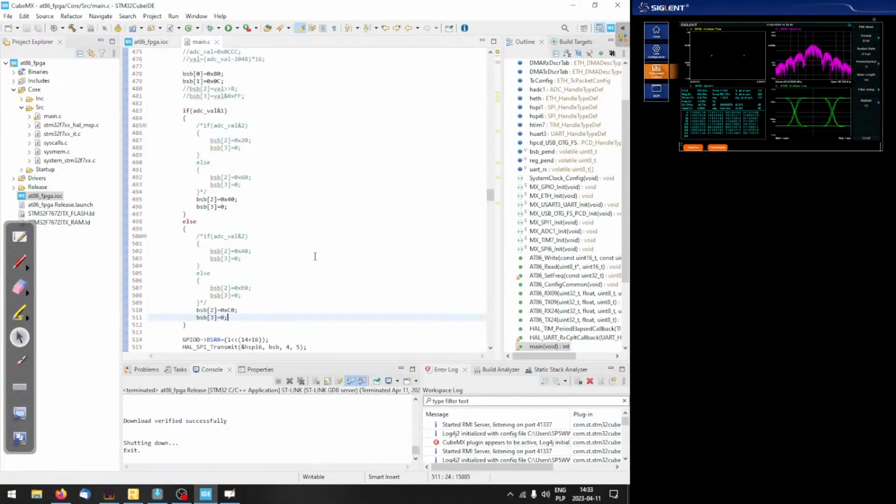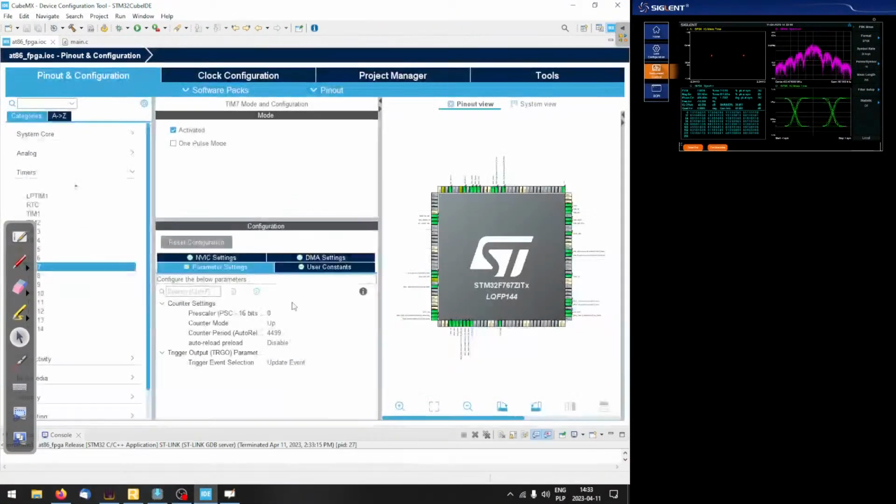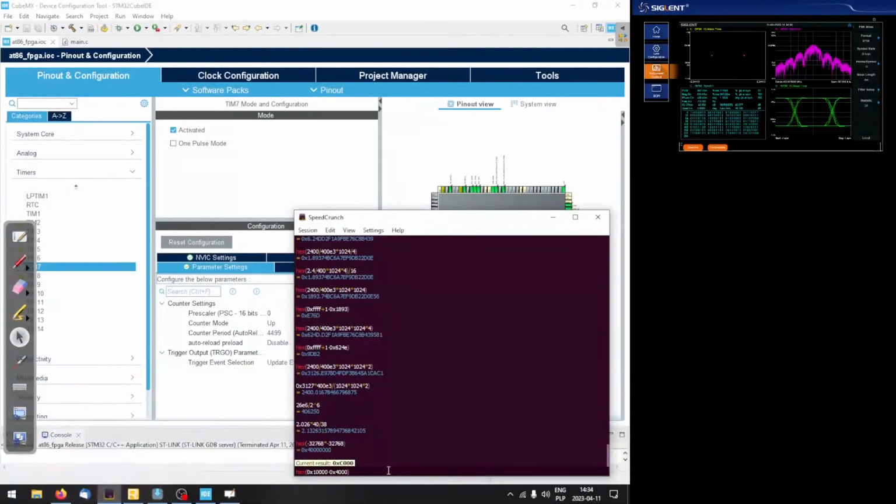And of course, we can take that one step further and try with the QPSK. So right now, if you take a look at the spectrum analyzer, we've got the BPSK decoder, and the symbol rate is, of course, 24K. That's because if we take a look here at the timer 7, that's 4,500 maximum value.